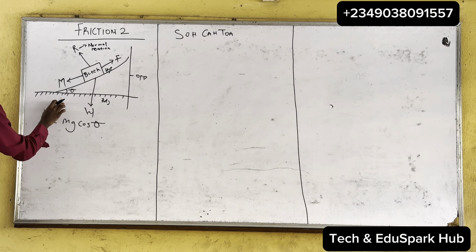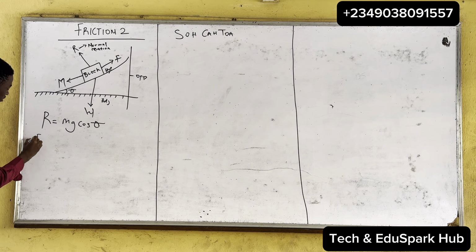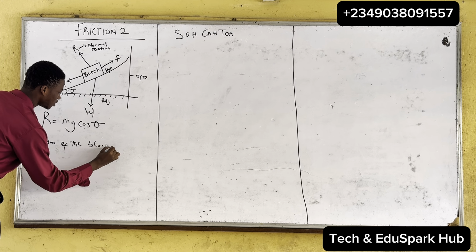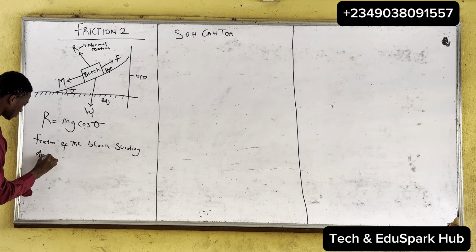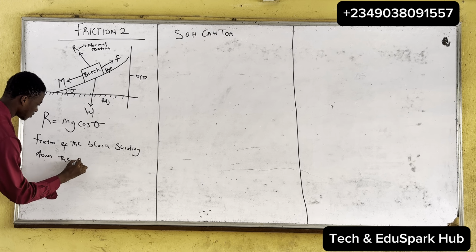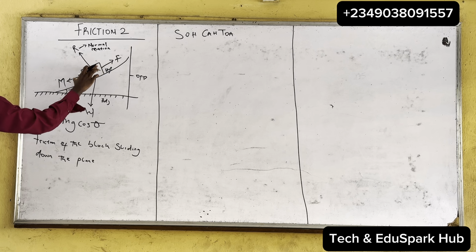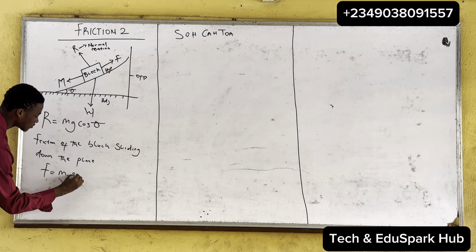Remember that we said our R is always the same as the mg on friction on a horizontal surface. So in this case, R is equal to mg cos theta. The force of the block sliding down the plane will be given as F equals mg sin theta.